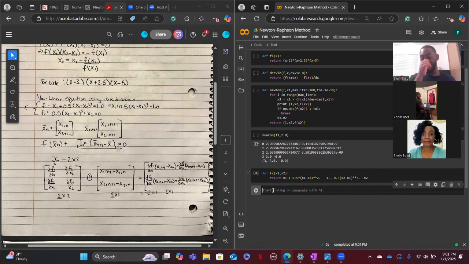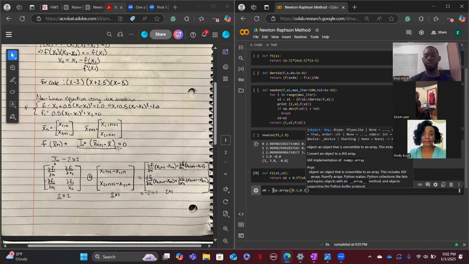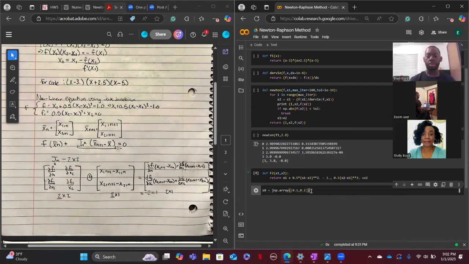Next, we want to incorporate our guesses. Since we have two guesses, we have to make this an array. So we'll do x naught is equal to np.array. And in our class, I'm pretty sure we did 0.1 and 0.2, maybe out of order, but those are the two guesses that we had for the two functions that we have.